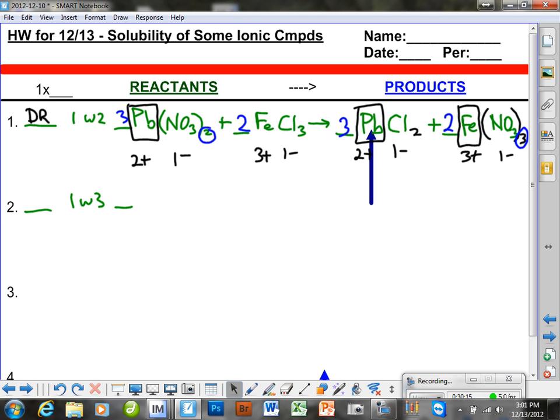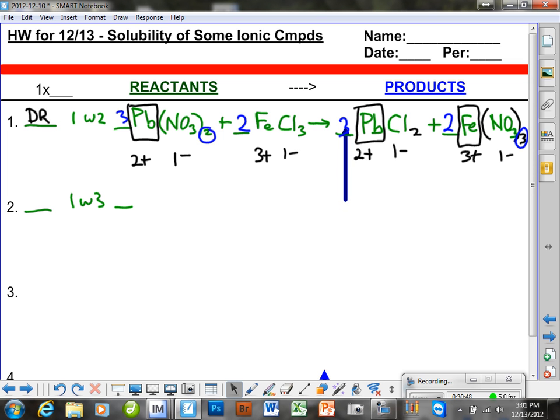Here and here, we have a 3 lead here, and we have 3 leads here. 2 times 3 nitrates, 3 times 2 nitrates. 6 and 6, right? Okay. 2 times 3 chlorides. And 2 times 3 chlorides.